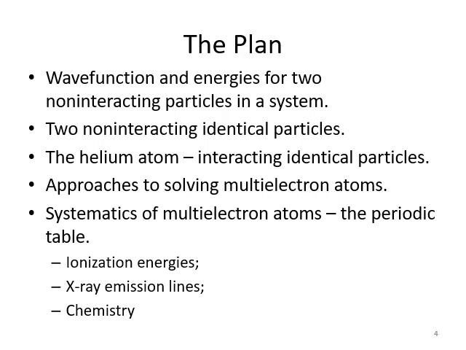And we'll talk in general about approaches to solving multi-electron atoms. And then finally, this will be in the next class, we'll talk about the systematics of multi-electron atoms. In fact, the behavior that is observed in the periodic table in terms of ionization energies and X-ray emission lines, and the way that atoms interact with one another, basically chemistry.